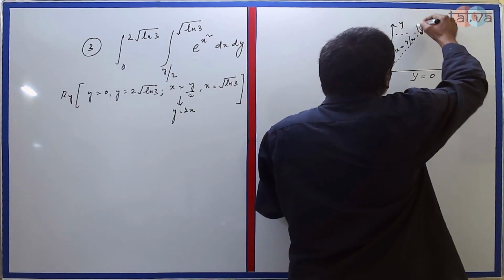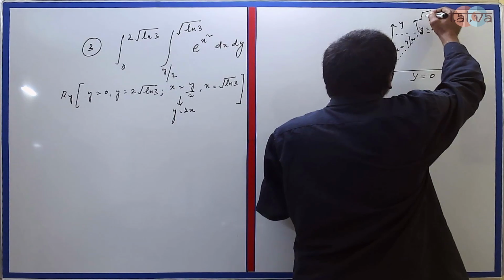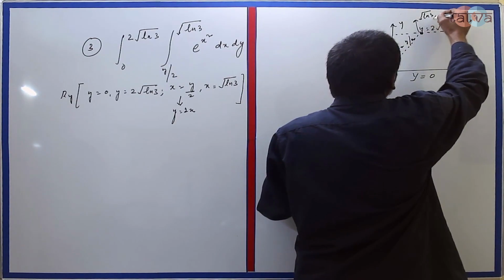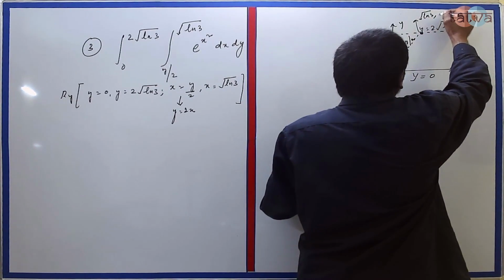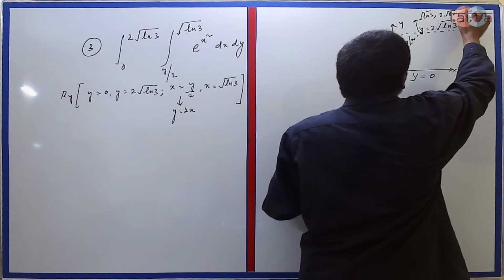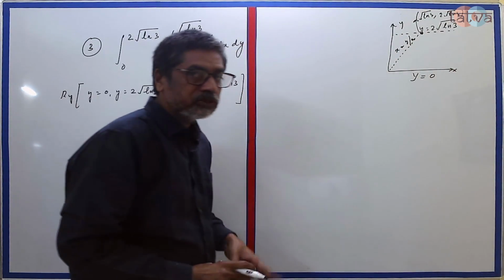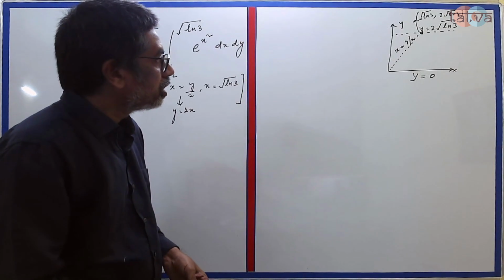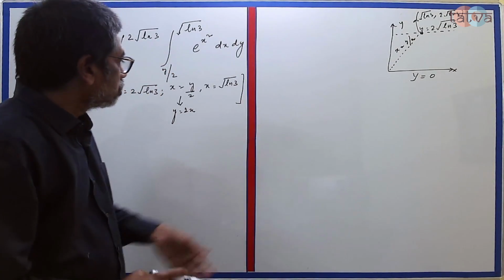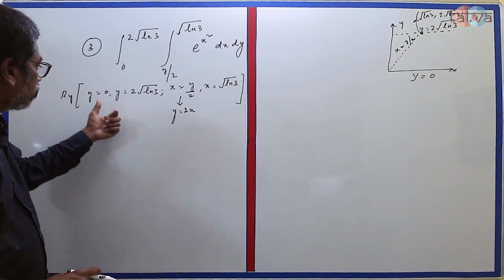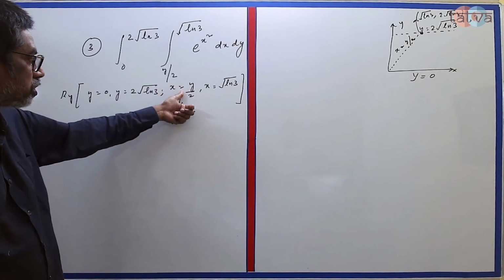So this point will have an x coordinate square root of log 3 with this as a y coordinate, 2 square root of log 3. I hope you're all able to understand. We just solve them and it's a very simple situation. So now where are we? We have plotted this, we have plotted this, we have plotted this.